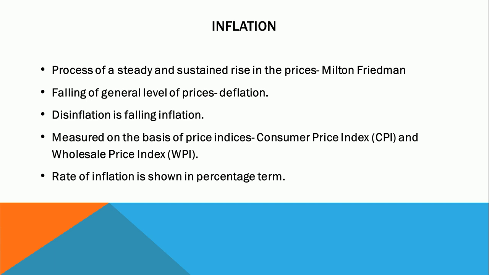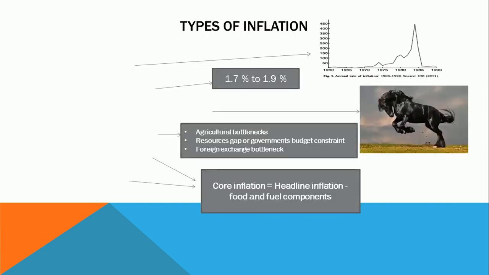So it sees inflation from the consumer point of view. Whereas WPI records the prices of bulk purchase and sale, so it sees inflation from the producer's point of view. This is the difference between CPI and WPI. The rate of inflation is always shown in percentage terms.